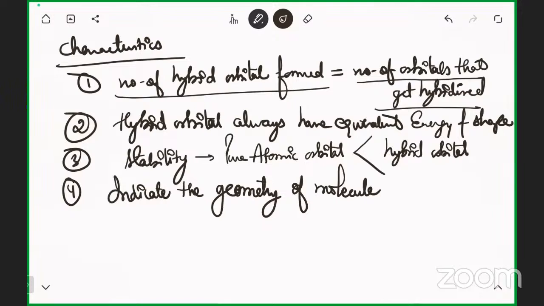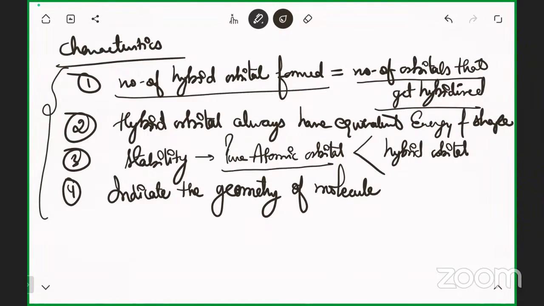And these were the four characteristics: the number of hybrid orbitals must be equal to the number of orbitals which participate in the hybridization. Second, equivalent energy and shape must be there. Third, hybrid orbitals will always form a stable bond as compared to the pure atomic orbitals. When the pure atomic orbitals undergo hybridization, they form hybrid orbitals.